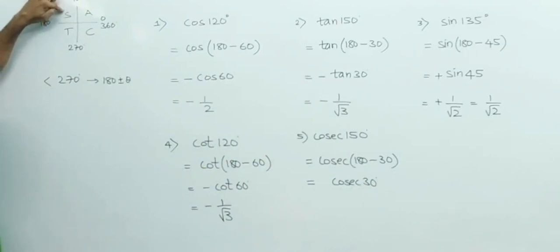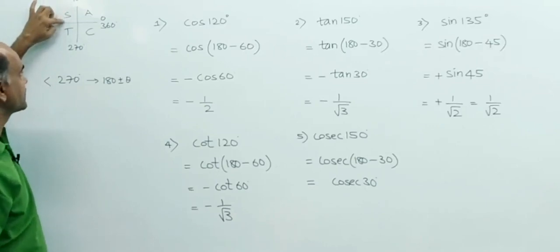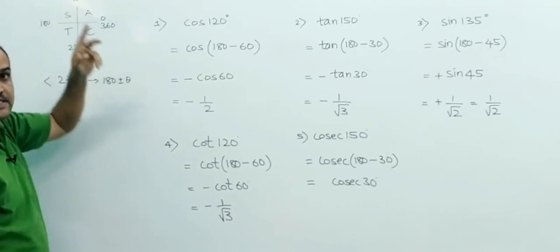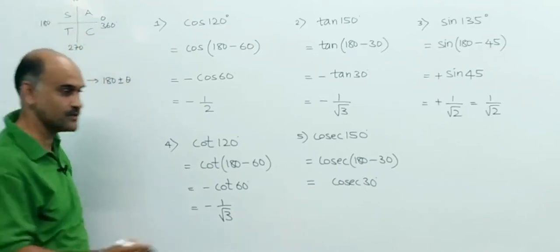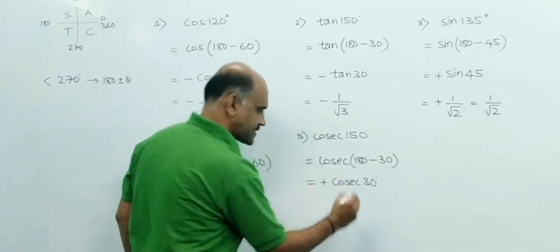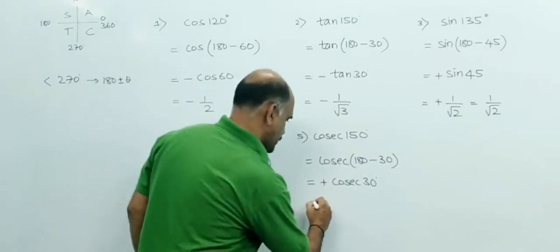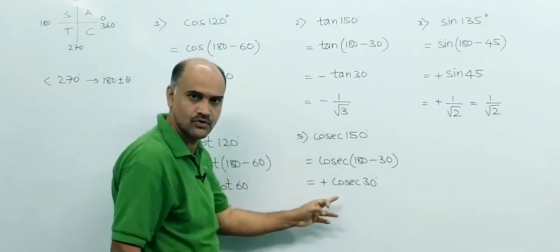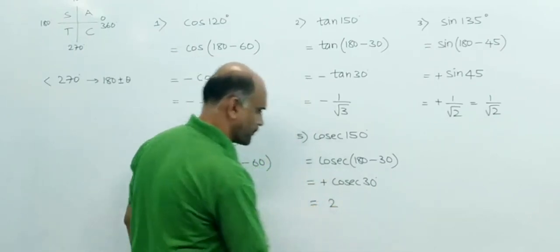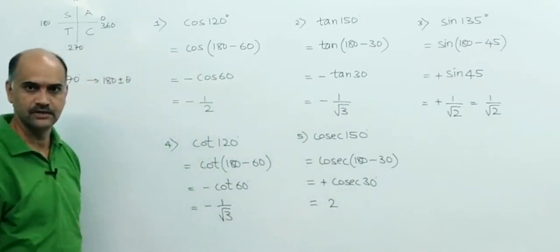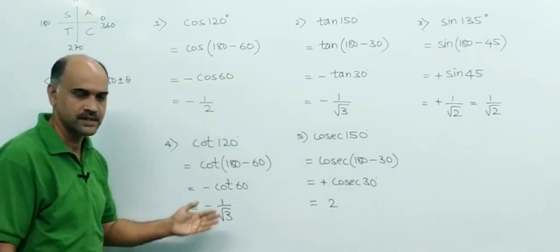So in second quadrant cosec is positive, it is reciprocal of sine. Sine and cosec are positive, so you will have plus cosec 30. Then substitute the value. So sine 30 is 1 by 2, cosec 30 is 2. Clear, students?